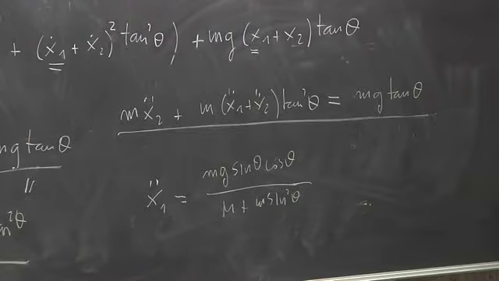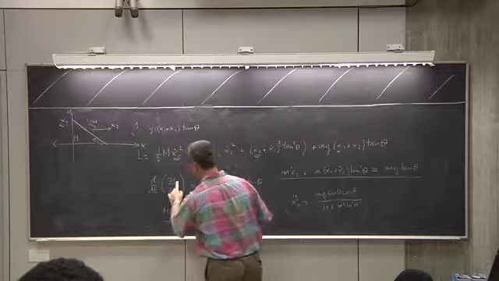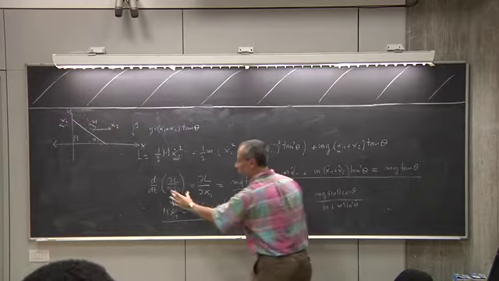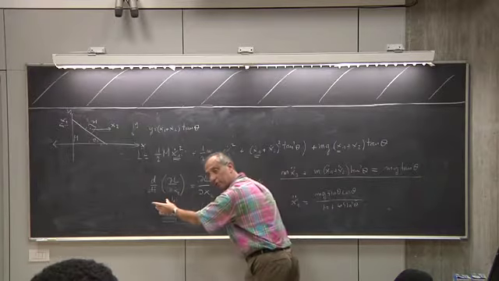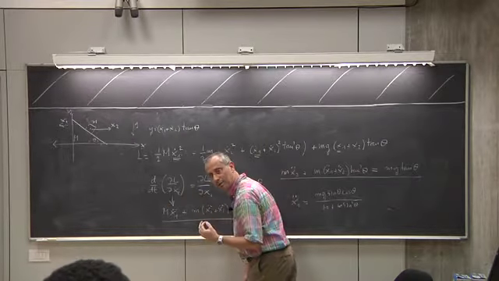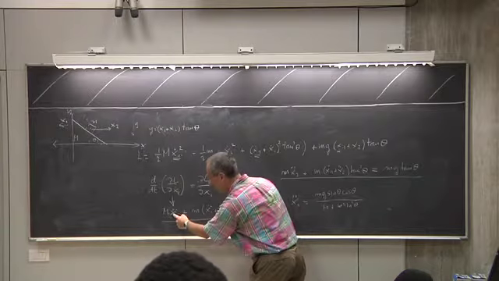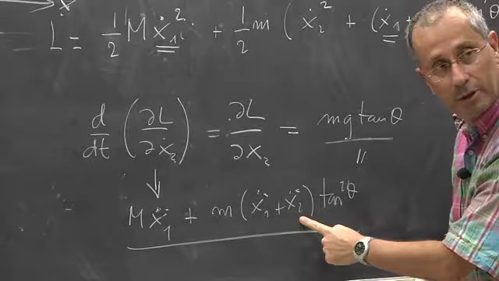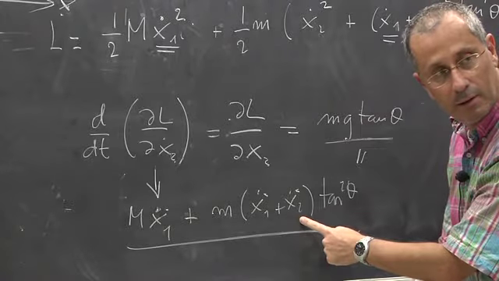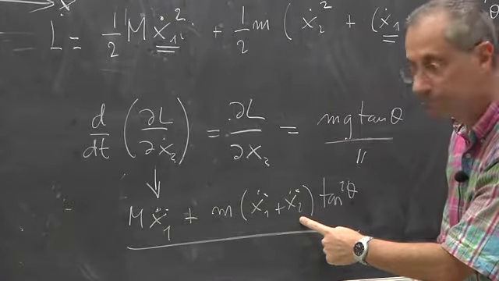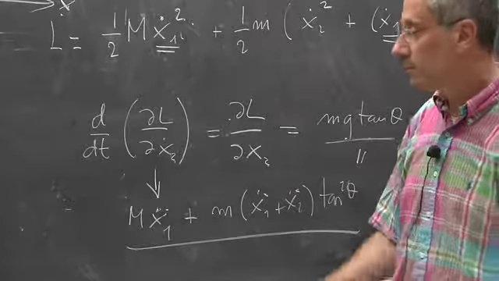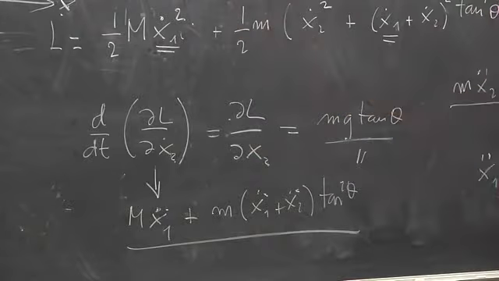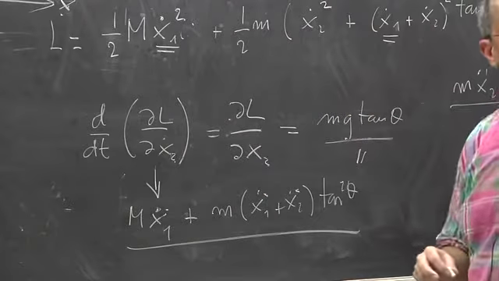First you take this derivative and you get this expression, right? Now you have to hit this expression with the total derivative with respect to time. So what happened? When you get here, you add the dot. When you get here, a dot, a dot. This is the partial derivative of L, of this function, with respect to x2 dot.